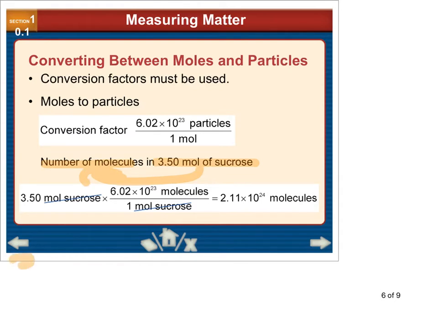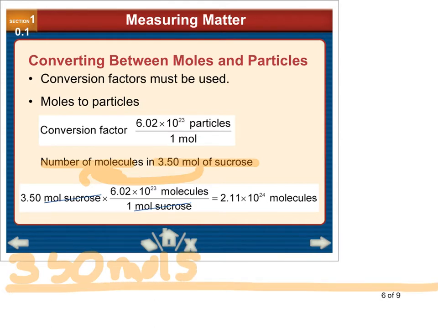So we start with 3.50 moles of sucrose. And we're trying to change from moles to molecules. And 1 mole is 6.022 times 10 to the 23rd molecules.